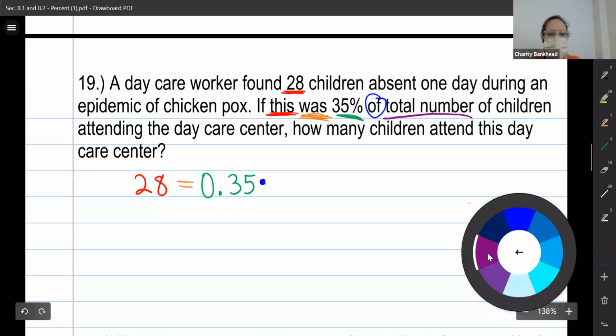The total number is what we don't know, so that's going to be x. That's what we're trying to solve for.